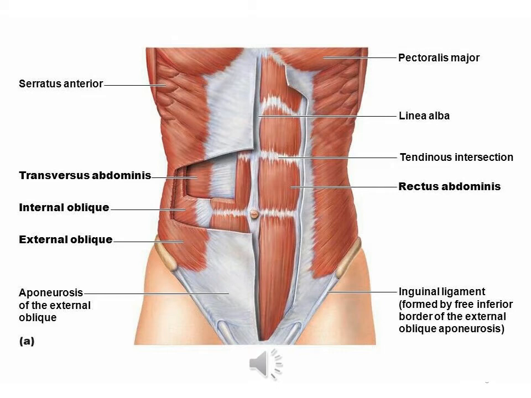So instead of a tendon, you have a sheet, which is called an aponeurosis, and you can see that on the bottom left. You can also see on the bottom right that you have the inguinal ligament, and this is at the border of the aponeurosis. So the ligament is completely different. What you're looking at is that sheet of connective tissue. So this is an important definition, and you need to know the difference between the tendon, which is a bundle, versus an aponeurosis, which is a sheet of tissue.